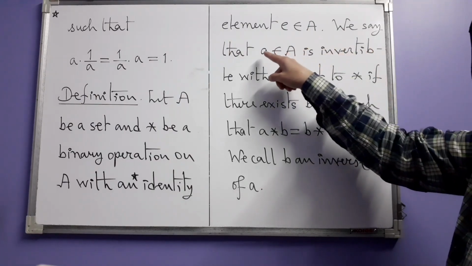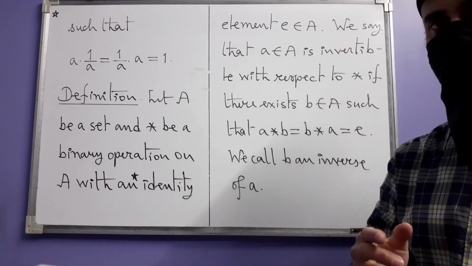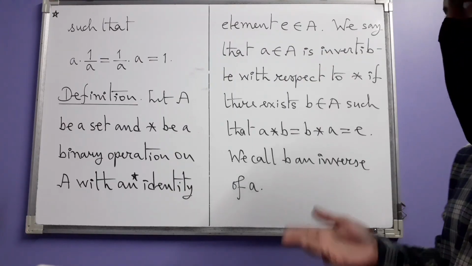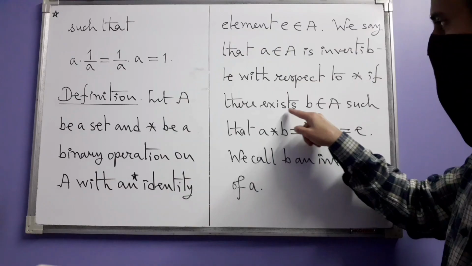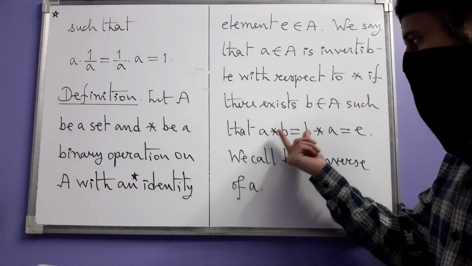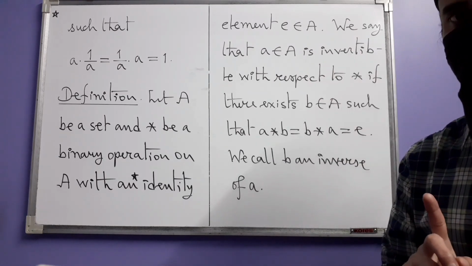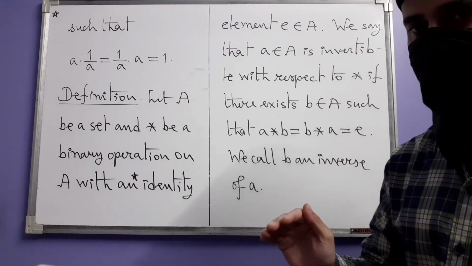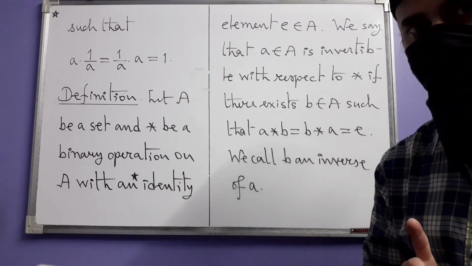Then an element a in A will be called invertible, that is, we can invert it with respect to star of course, provided there exists an element b in A such that a star b equals b star a equals that identity e. And if such an element b exists for a, then b will be called an inverse of a.